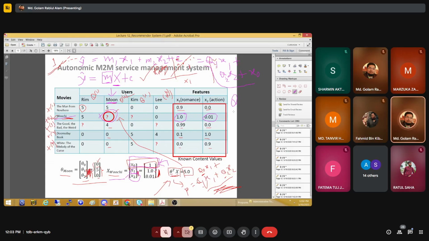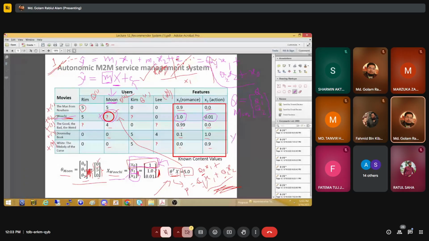So theta for Moon has theta 1 and theta 2. We can also consider theta 0, because if we consider the intercept as an additional extra feature, x0 is always 1. In that case, we can consider theta 0, and theta 0 maybe will always be 0.